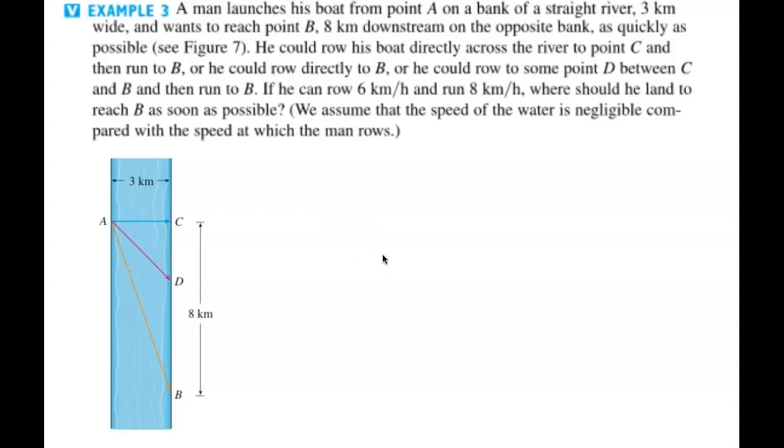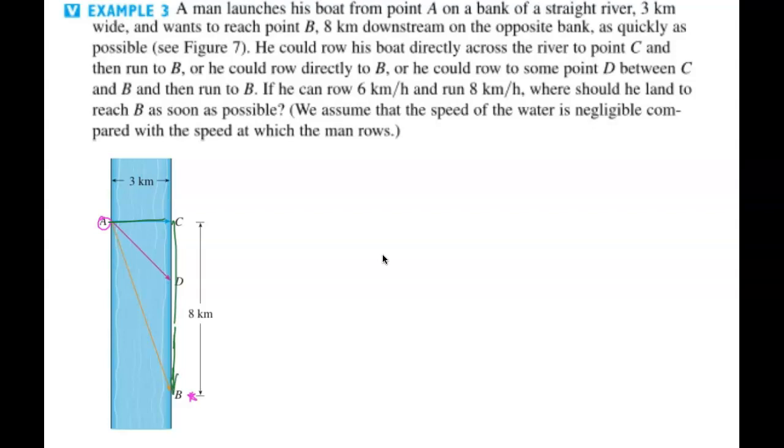All right, so this one's a little more complicated. A man launches his boat from point A on the bank of a river. It goes from here, and he wants to reach point B 8 kilometers downriver, so here, as quickly as possible. He could row his boat directly across the river to point C, and then run to B, so he's going straight across, and then he's just going to run along the bank down.